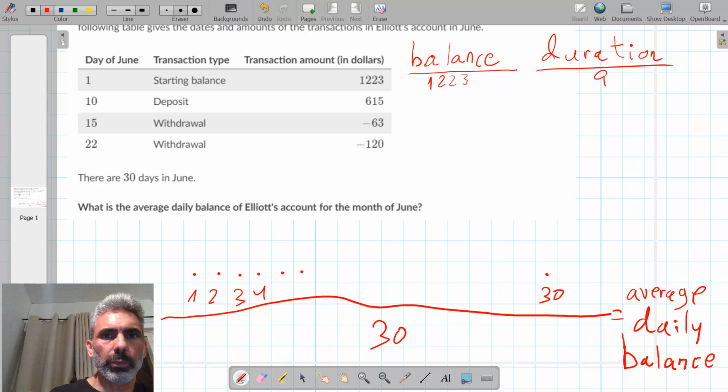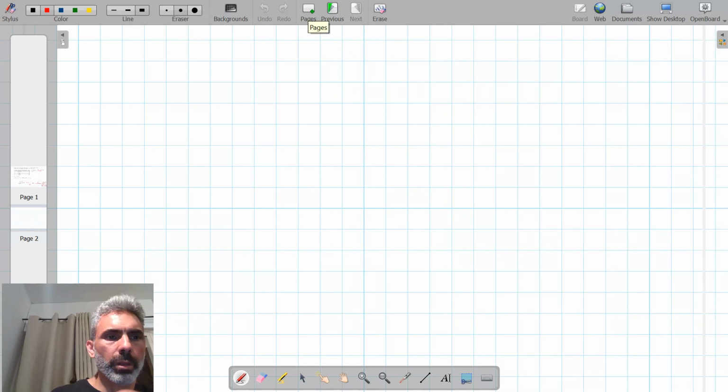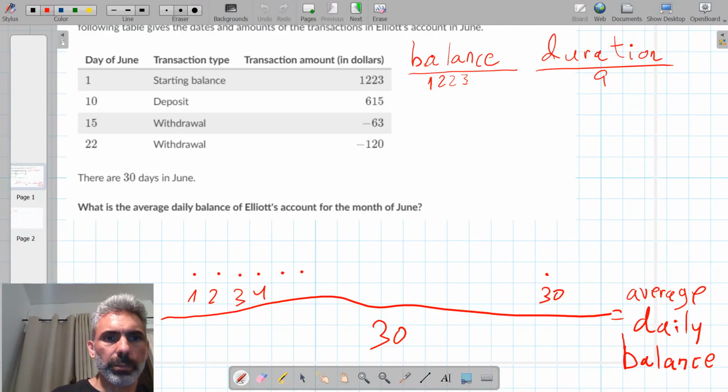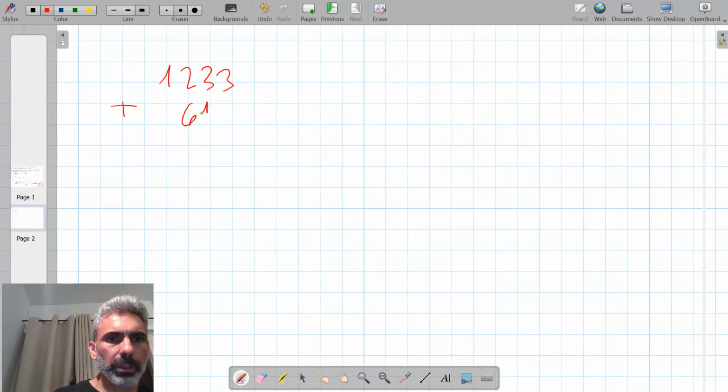And then I will add another blank page to make this calculation. So 1,223 plus, to make sure I'm not making any mistake, 1,223 plus 615.